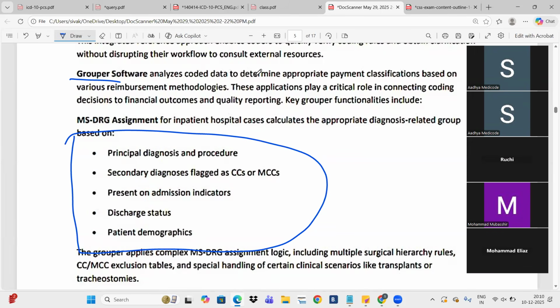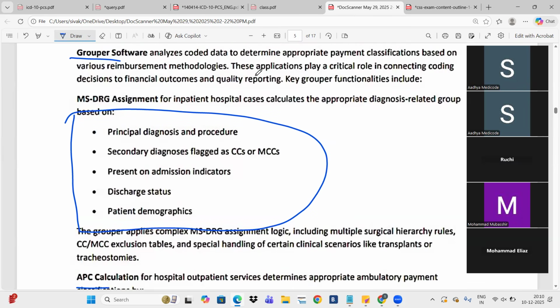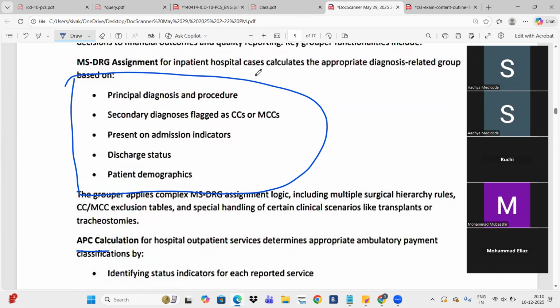To calculate the DRG values, not only DRG, APC also. It will analyze the coded data to determine the appropriate payment classification based on various reimbursement methodologies, DRG and APC.